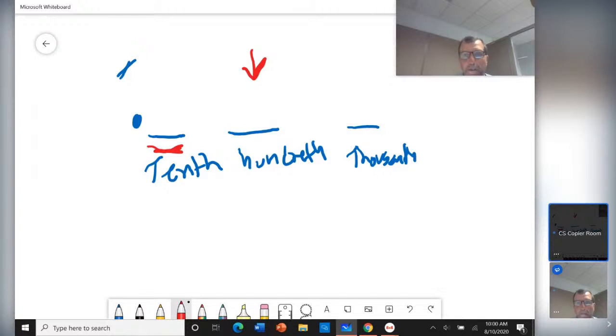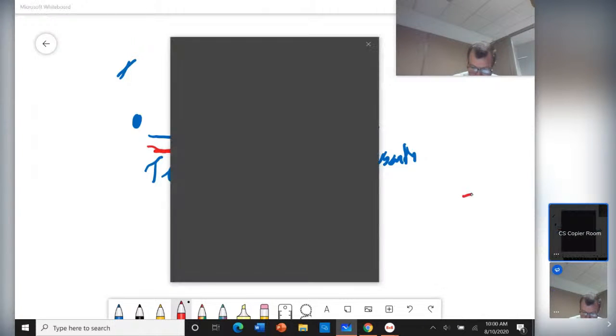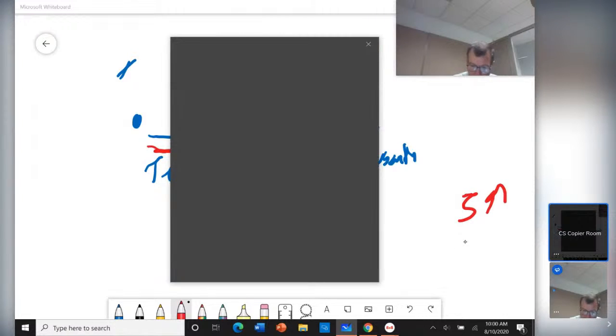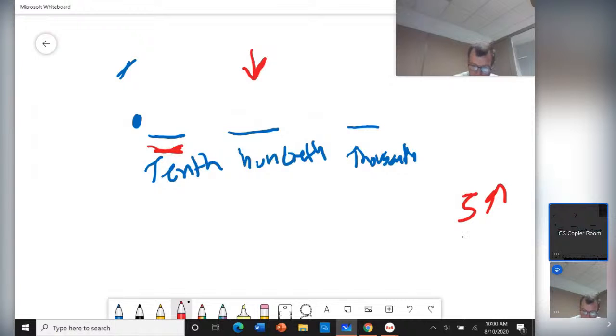That principle applies: if it's 5 or higher, you're going to round up. 4 or lower, we would round down. Just remember, when we have a decimal, the first place is the tenth, hundredth, and thousandth. So let's take a look at that first one.